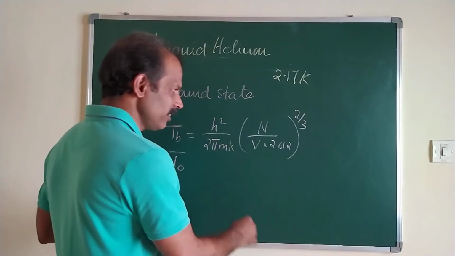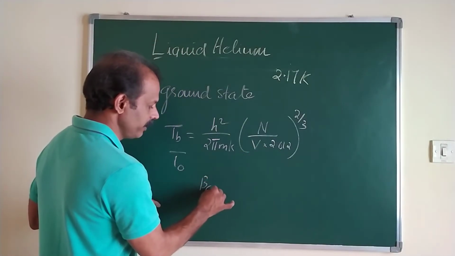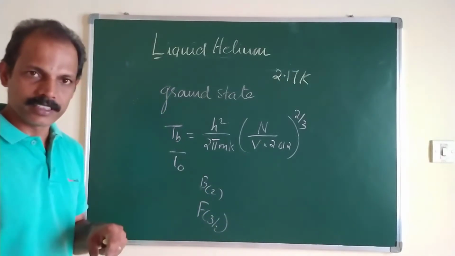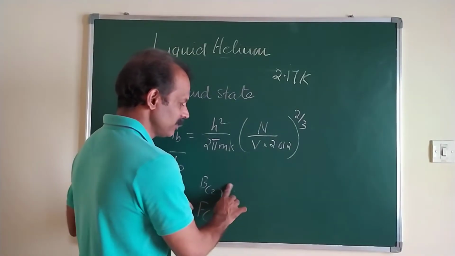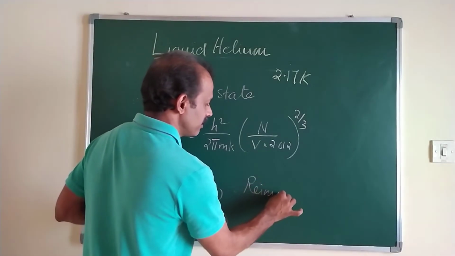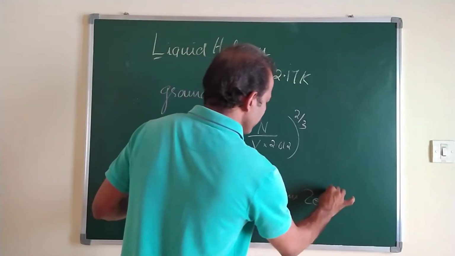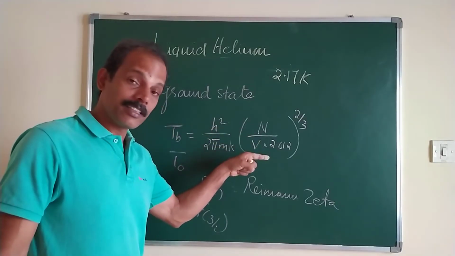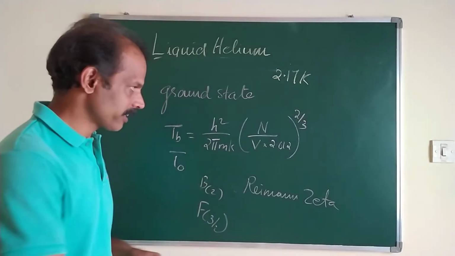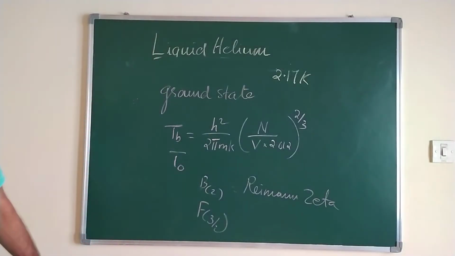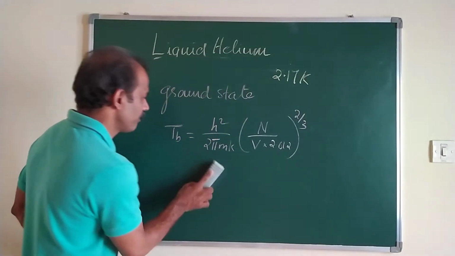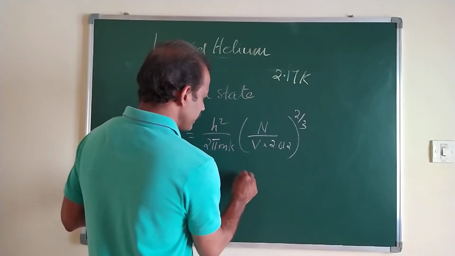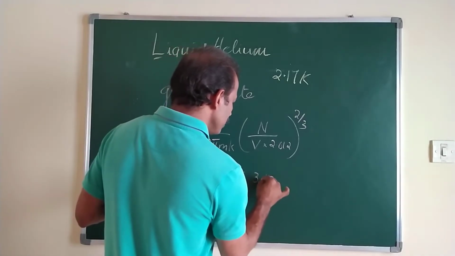This 2.612 is obtained from the Riemann zeta function. It is already discussed in detail in our Bose-Einstein condensation. When we apply the value of molar volume for helium, we get a value of 3.12 Kelvin.